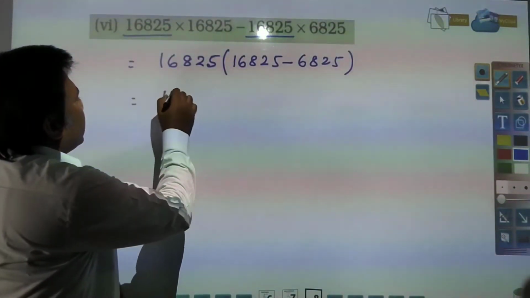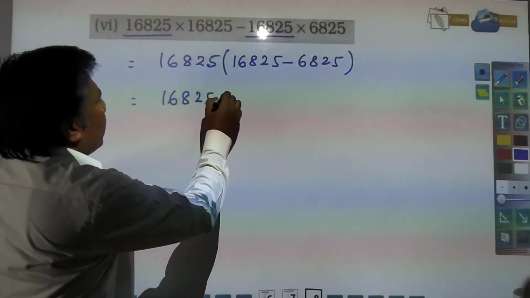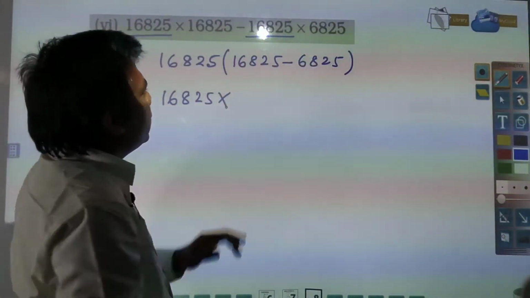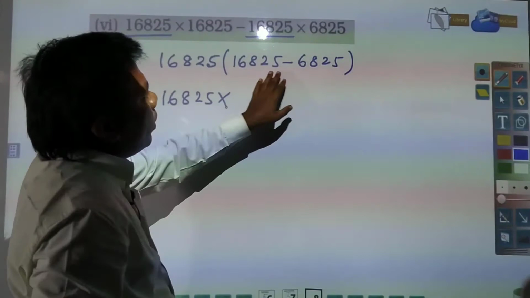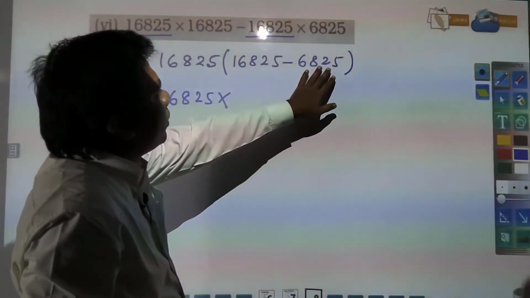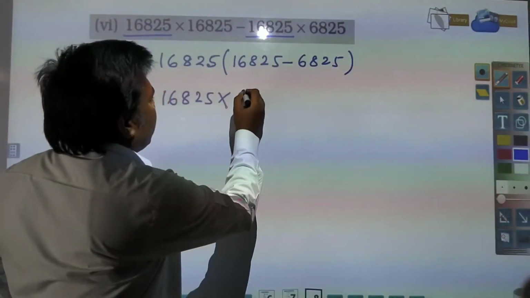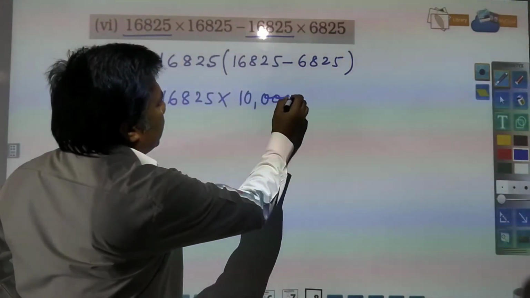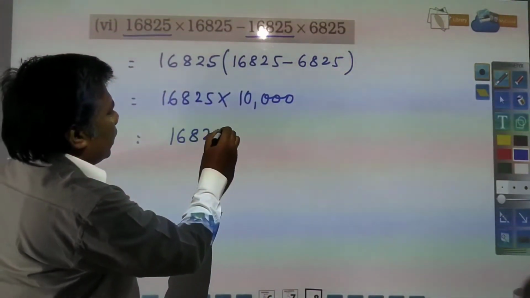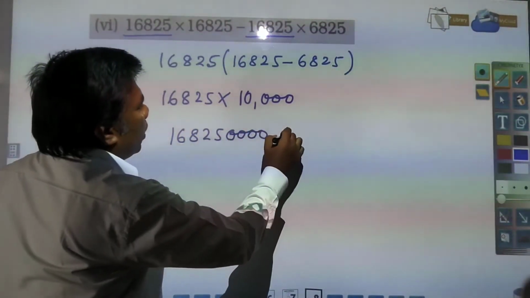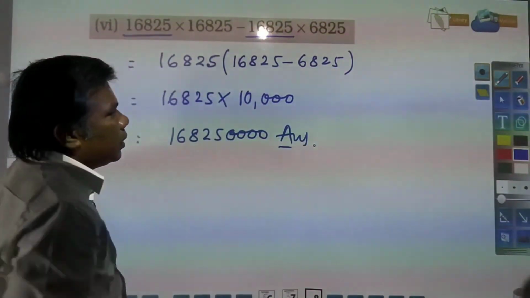From 16,825 you need to subtract 6,825, so you will be left with 10,000. And if you multiply this, you will get 4 zeros on it, and this will be your answer.